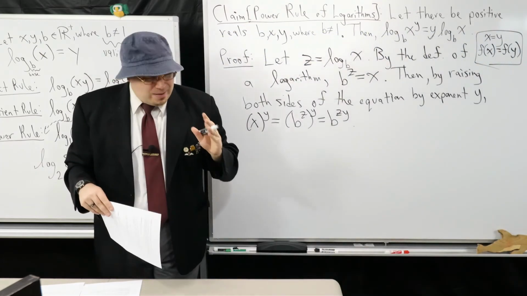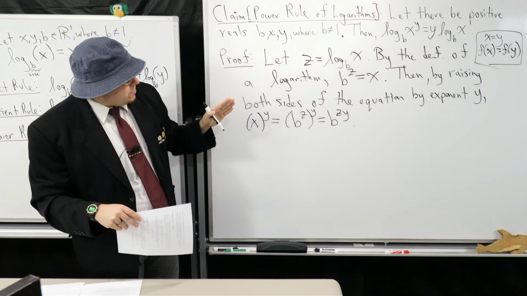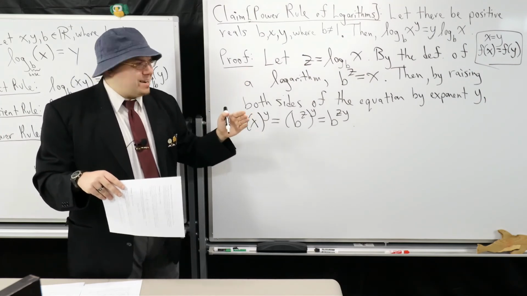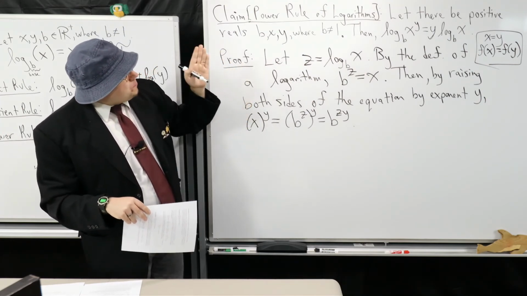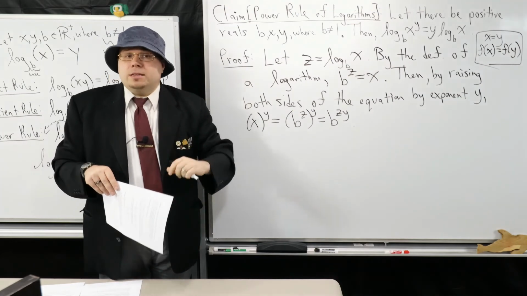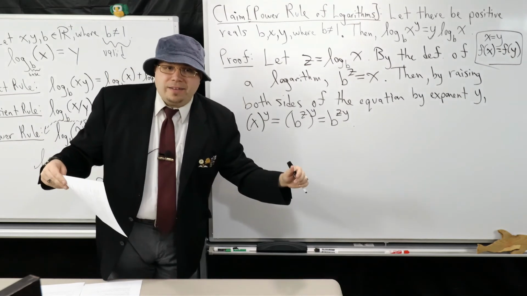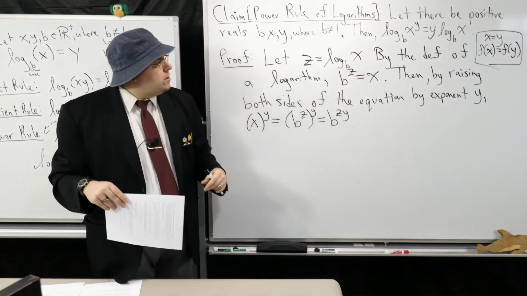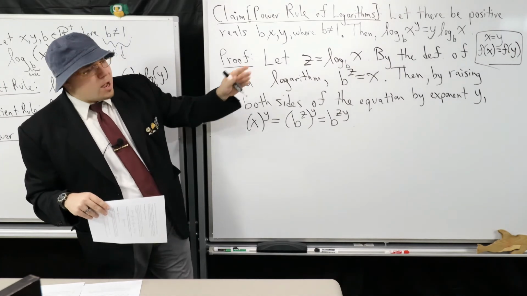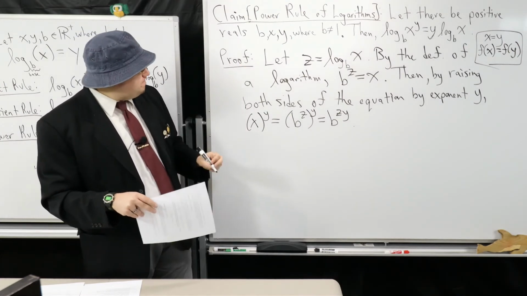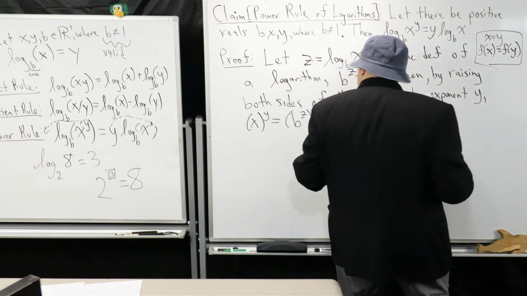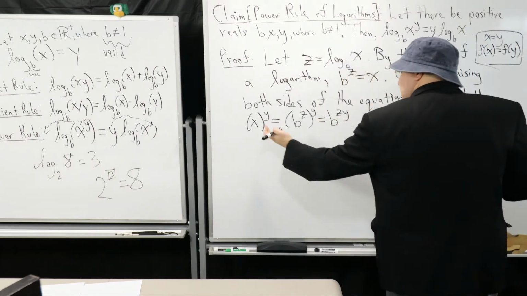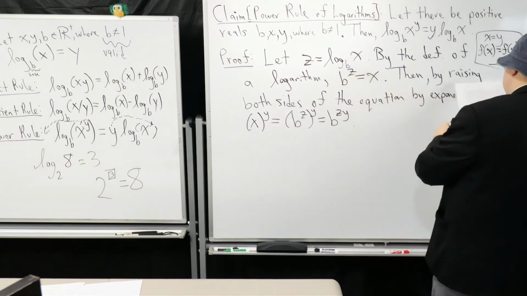We've done this idea before, actually. I'm really excited about this. We've done this idea before where we take the logarithm of both sides of an equality or an inequality. It's the same idea. So now I'm just going to proceed with this right here.